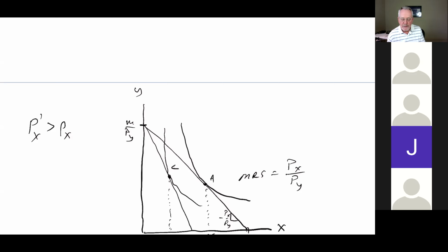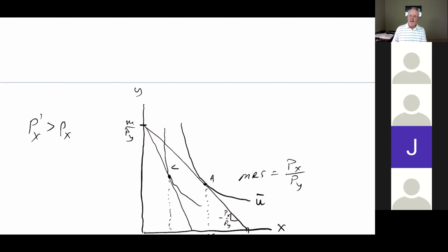And how I define the substitution effect is the change in quantity demanded of X at the new price holding utility constant. So I'm going to, at the initial level of utility, look initially at the original income and the original set of prices, where my consumer was able to achieve utility level, let's say U bar.